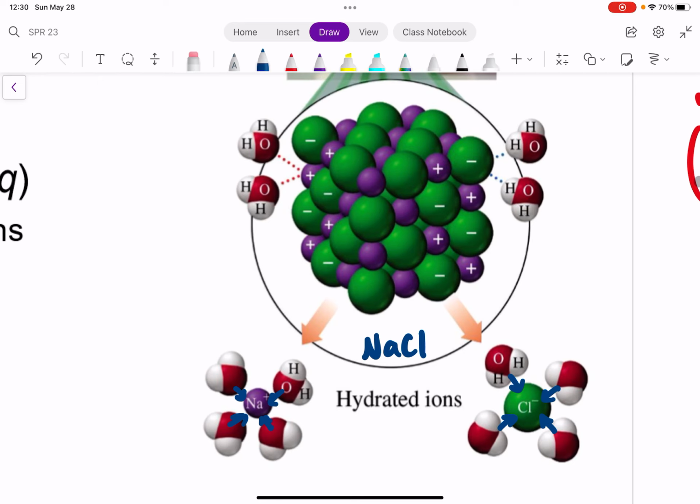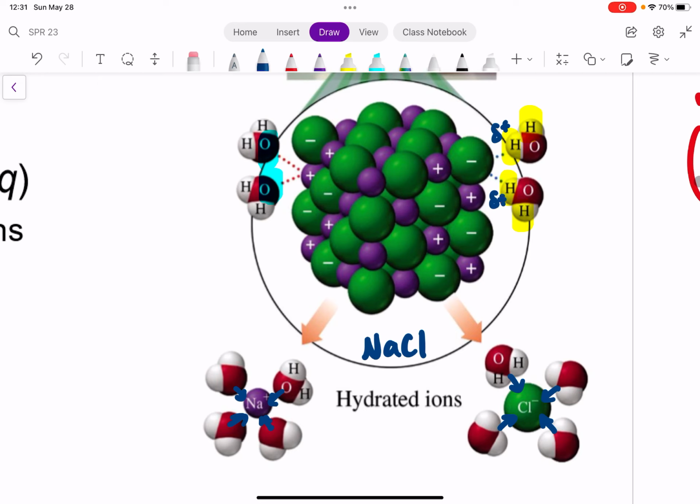Remember, we've got that partial negative charge on our oxygens and the partial positive charges on our hydrogens. So what ends up happening is the negative charge on our chloride ions, right here, is attracted to the partial positive on our hydrogens.